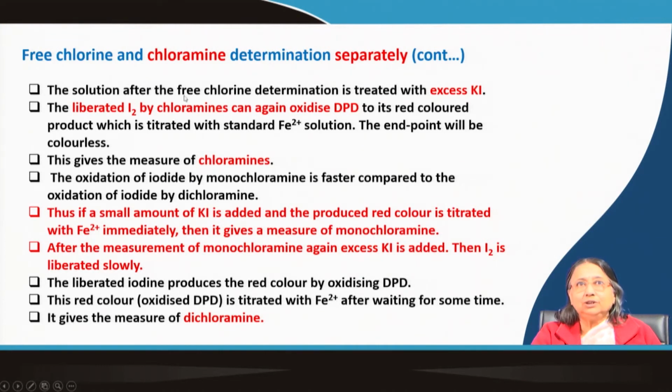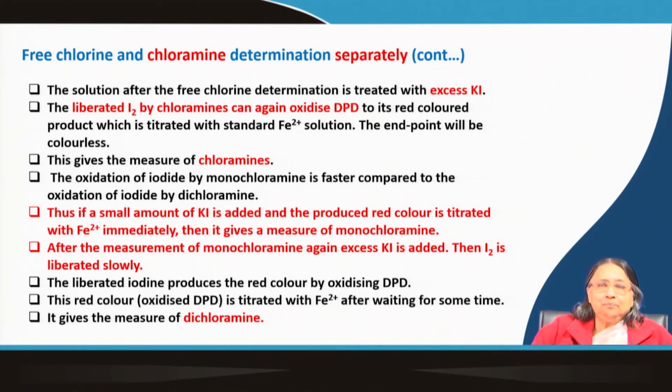What you will do is, the solution after the free chlorine determination by the DPD method is treated with excess KI. You add KI there, excess KI. What will happen? Iodine is liberated by chloramine. You have seen in the previous slide that iodine is generated quantitatively from KI by chloramine. So, iodine will be liberated.